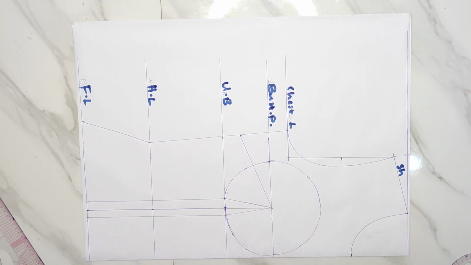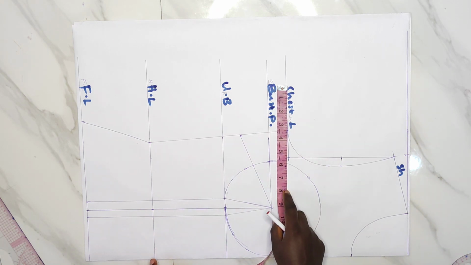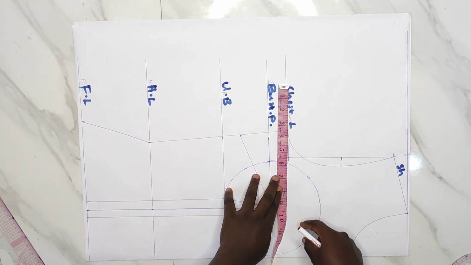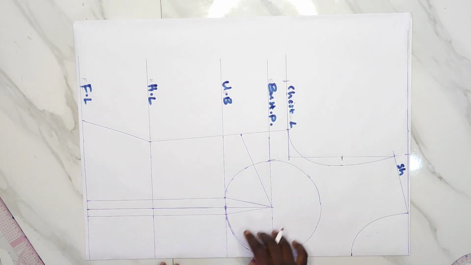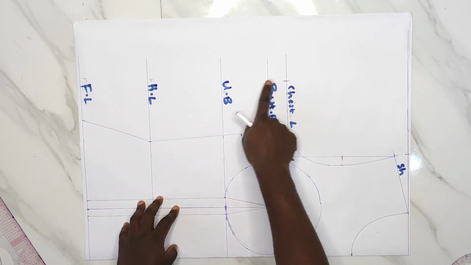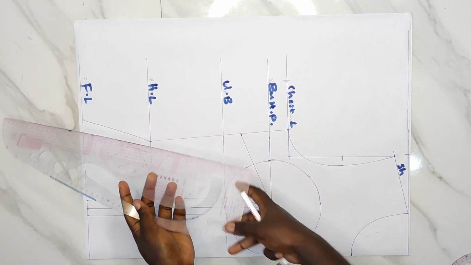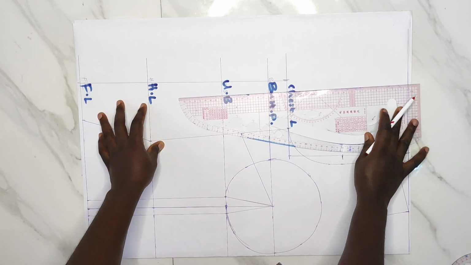So then before I go over to draft out my back pattern, I'll show you how I cut my pattern. I don't just cut it the way I have drafted it. I'll extend the side of the body measurement at the bust line area by 3 inches, and then I'll just cut it straight from the full length to the end of the pattern.